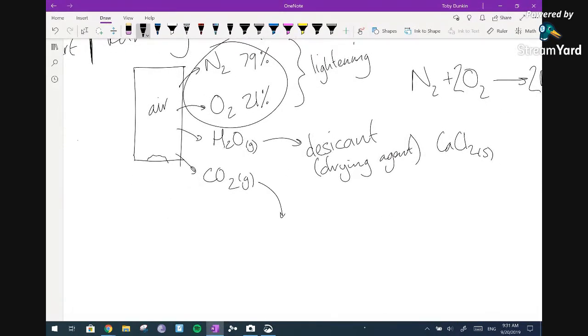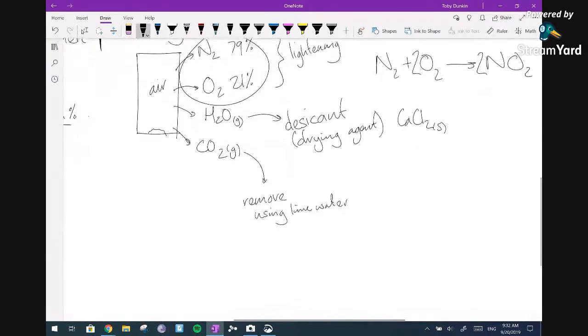Next, we can remove the carbon dioxide by putting the air through something like lime water. There is actually also an agent that can do this. We can remove it using lime water.